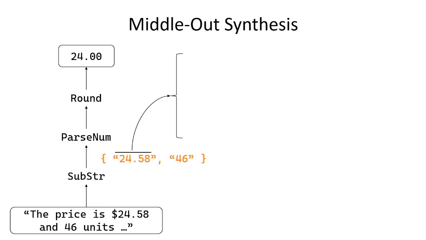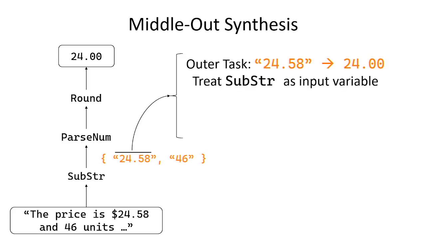Right? So now given these few values here, I can do something very interesting. I can say, let me take this 24.58 and break it up into two tasks. The outer task says starting from 24.58, I want to get 24. Here the substring is an input variable.